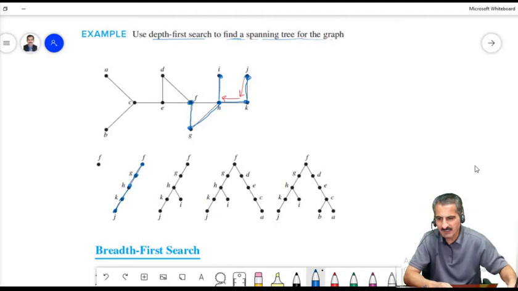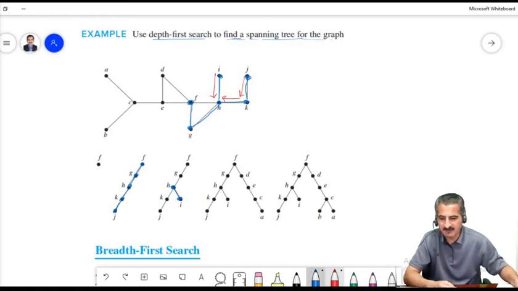So at H, we added an edge that is going to I. Good. Now at I, we cannot move anywhere. Then the algorithm will tell you to come back to H, and then it asks you again, can you move anywhere now?